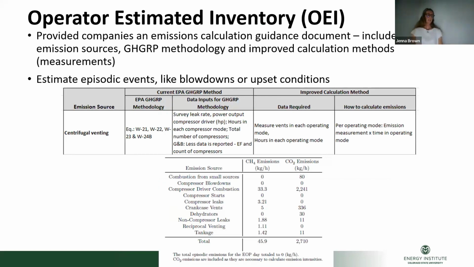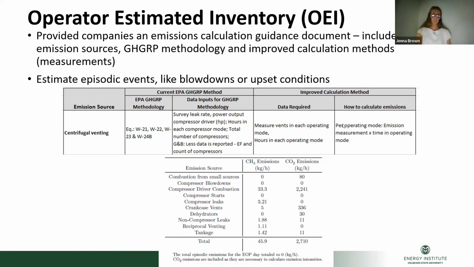We provided all the companies a guidance document, and for each emission source, we compared the greenhouse gas reporting methodology versus an improved method, which typically involves some sort of measurement. We also asked operators to estimate episodic events such as blowdowns or any upset conditions on the facility during that day.